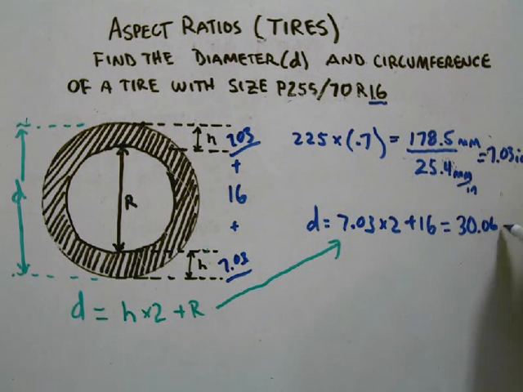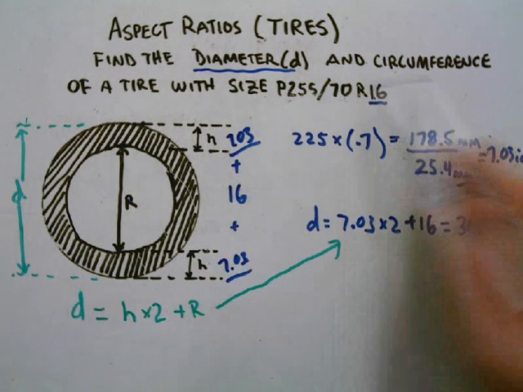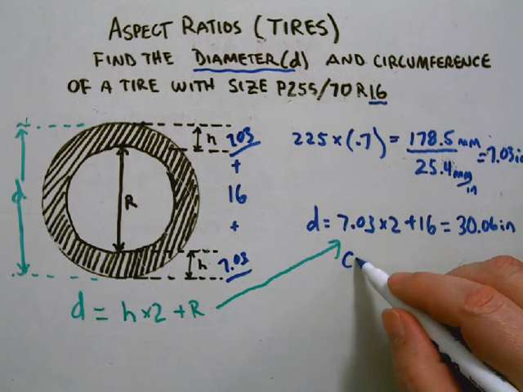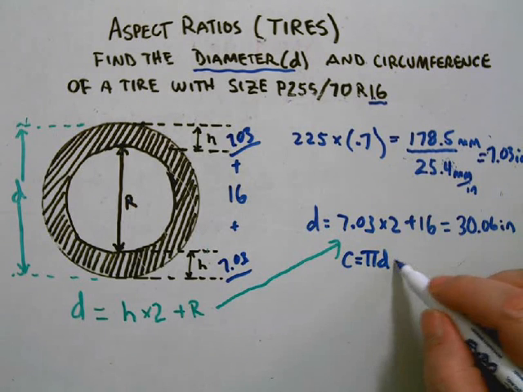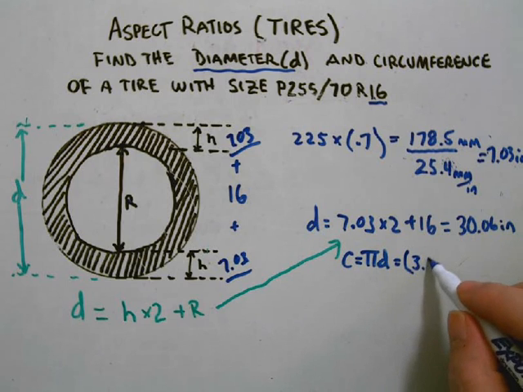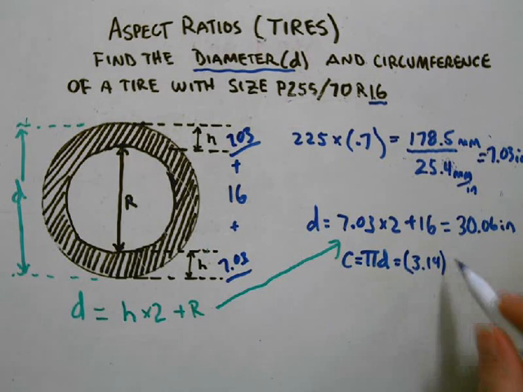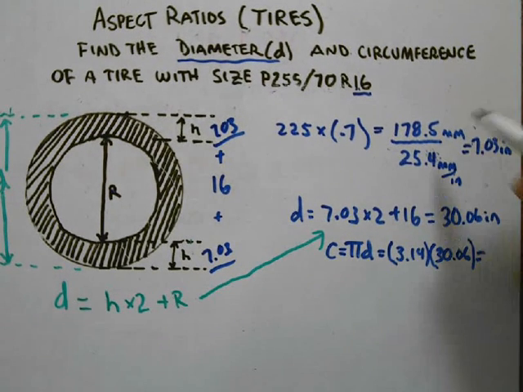Now the circumference also has a formula. It's C equals pi times D. Well, pi, we're going to go ahead and estimate that to be 3.14. And we're going to multiply that times the diameter, which we just figured out to be 30.06. And we should end up with 94.388, which rounds to the nearest hundredth as 94.39.